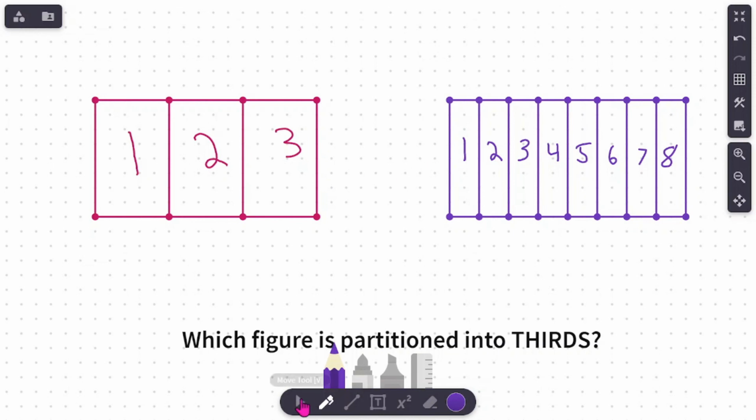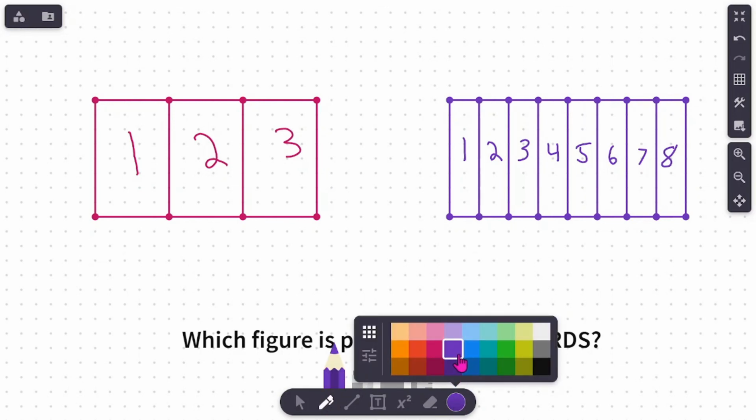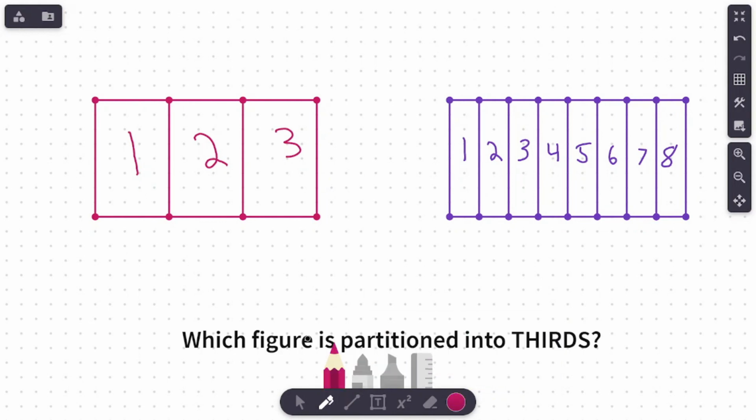Our question, to go back to it, says which figure is partitioned into thirds? Again, I don't see the word thirds written in either of these figures. So we've got to do a little bit of thinking here. When you hear the word thirds, what immediately pops in your mind?